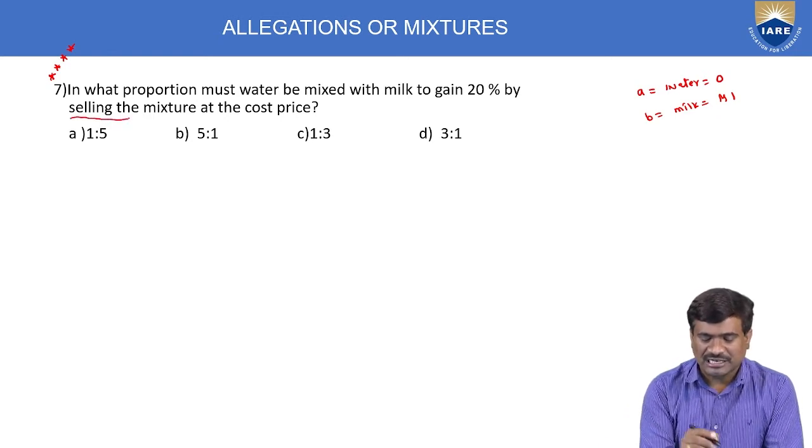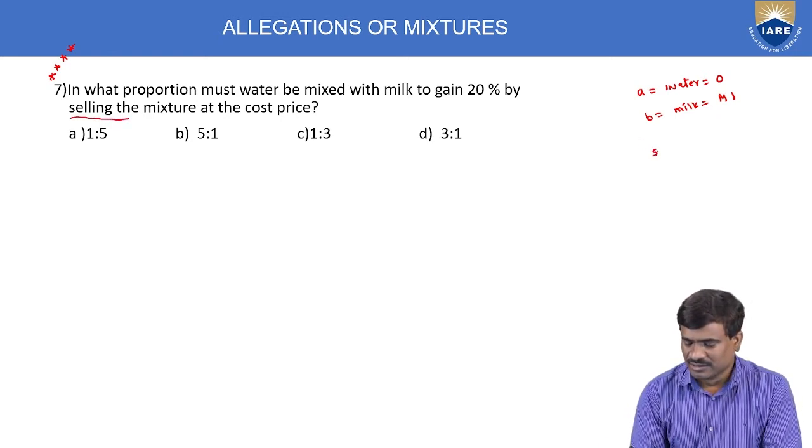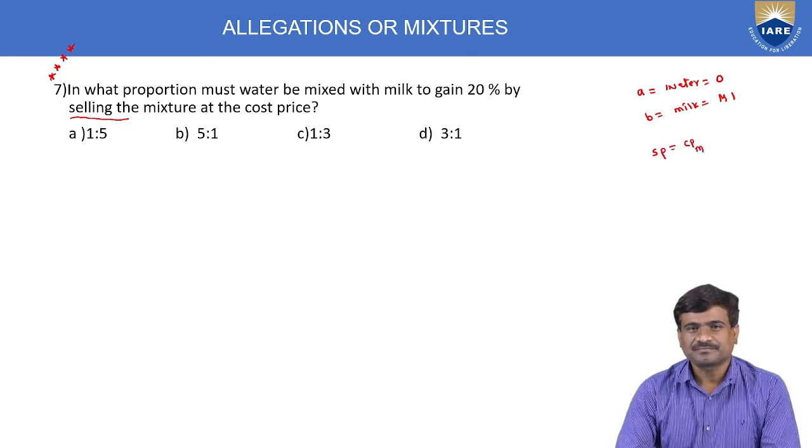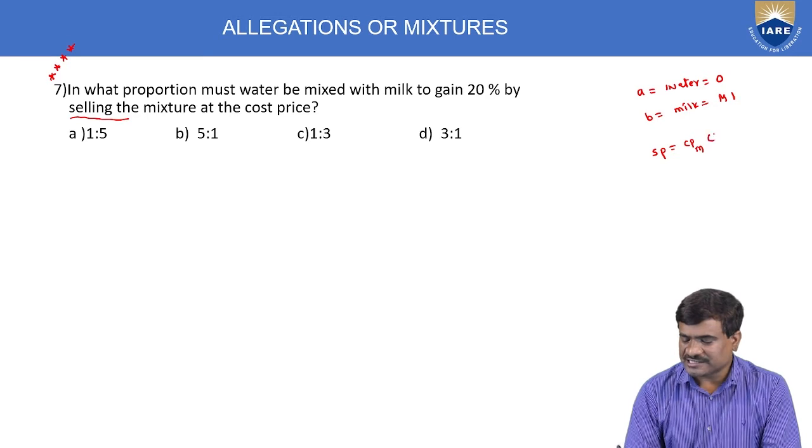Selling price is given, so convert selling price into cost price. Selling price is equal to cost price into (100 plus G) by 100 when gain is given.